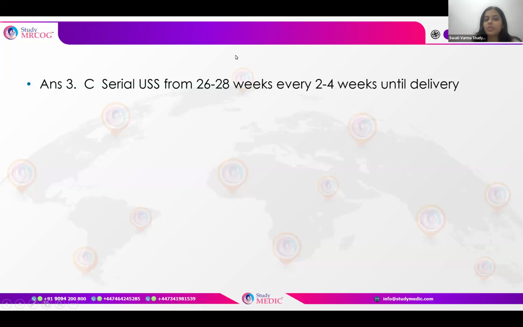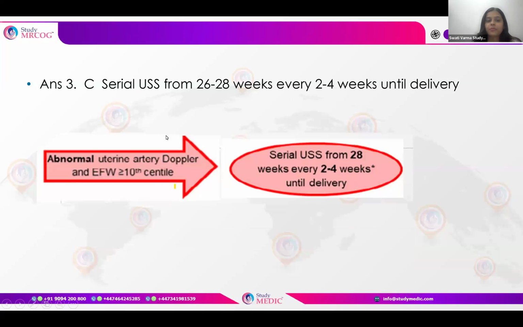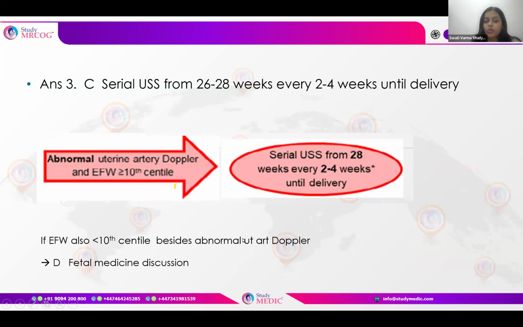You have to offer serial USS from 26 to 28 weeks, every 2 to 4 weeks, depending on individual decision, until delivery. So here abnormal uterine artery Doppler is there, so this is offered. But if, besides abnormal uterine artery Doppler, EFW was also less than 10th centile, fetal medicine discussion would have been the correct answer.